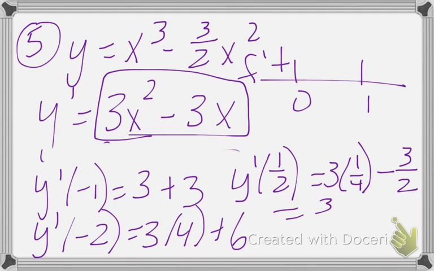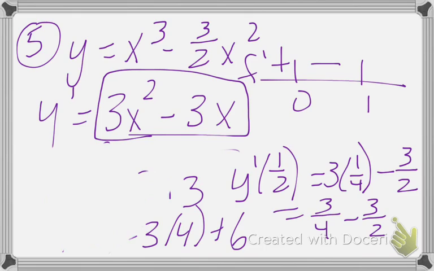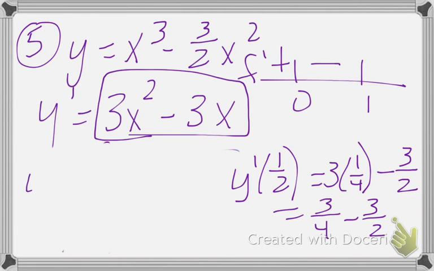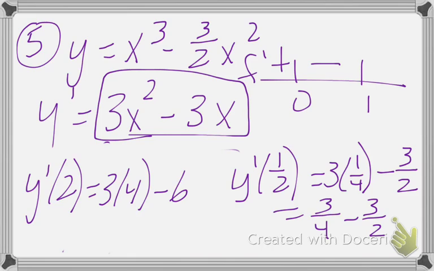So that gives us 3/4 minus 3/2, which will be a negative. And then we can try y prime of 2. That will give us 3 times 4 minus 6. 12 minus 6 is positive.